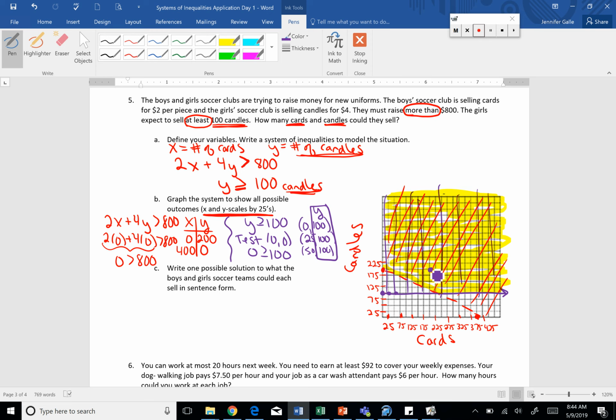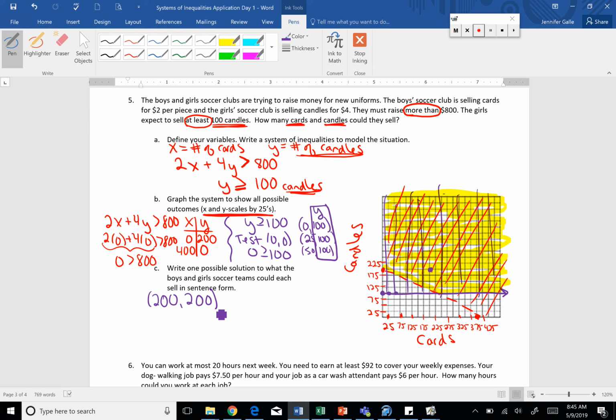So this isn't 8, 8. This isn't the ordered pair 8, 8. I did go over 8 boxes and I did go up 8 boxes, but each one of those boxes is worth 25. So you have to be careful and make sure that if you change your scale, when you pick out your ordered pair for your solution, that you still stick with that scale.